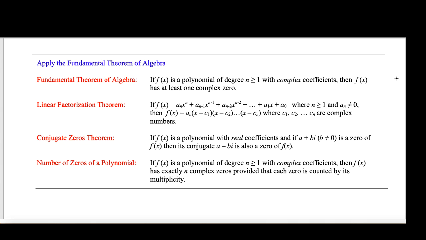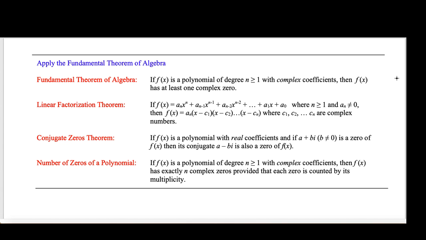The linear factorization theorem. If we have a polynomial function, again, where the degree of the polynomial is greater than or equal to 1, and the leading coefficient is not equal to 0, then that polynomial function can be written as the product of the leading coefficient times a number of linear factors, x minus c sub 1, x minus c sub 2, x minus c sub n, where c sub 1, c sub 2, c sub n are complex numbers, right?